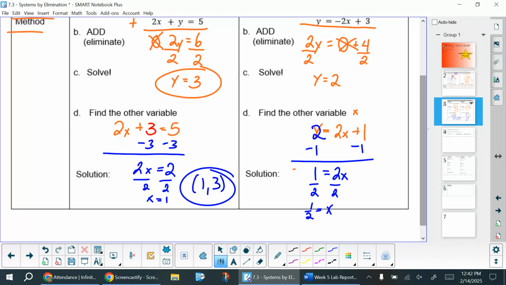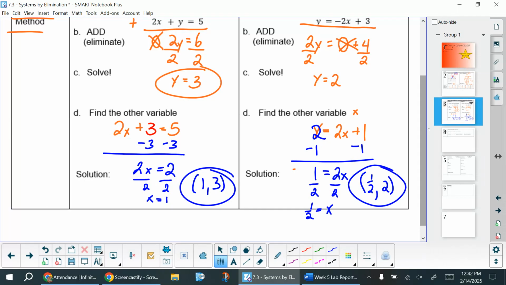Right, fractions are okay, right? Big thing I want you looking at here is don't focus on what's over here on this side. Focus on what you're trying to get rid of. That'll tell you the steps to take. So putting my x and y in as a coordinate pair gives me (1/2, 2).